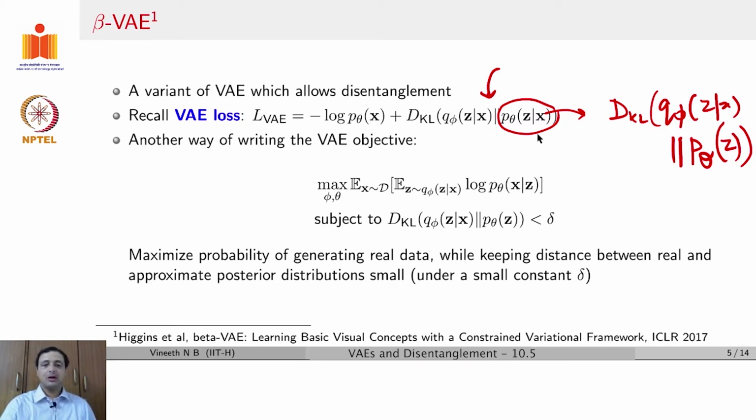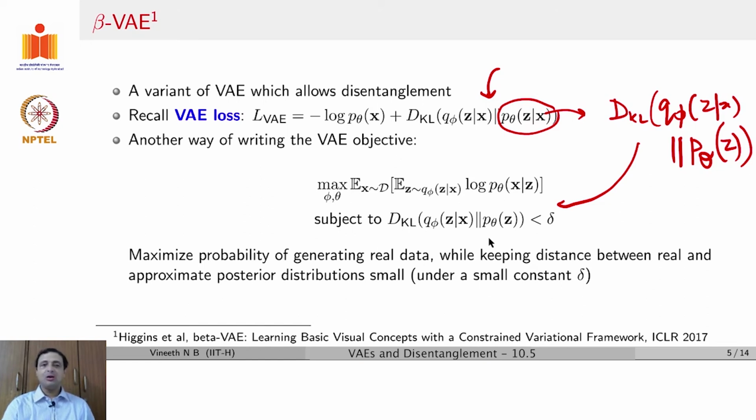Now, this entire objective can be written in a slightly different manner. We can say that we'd like to maximize the log likelihood of generating x from z, subject to the constraint that the KL divergence between the approximate posterior q phi and p theta of z, the prior on z, is as small as possible.